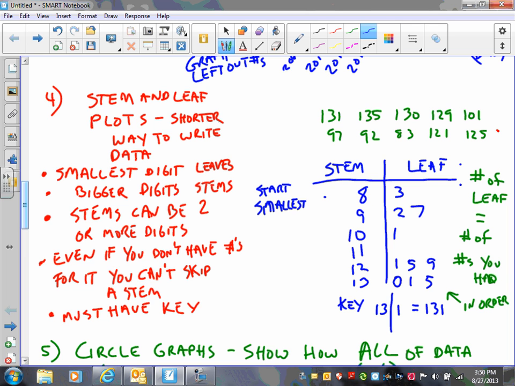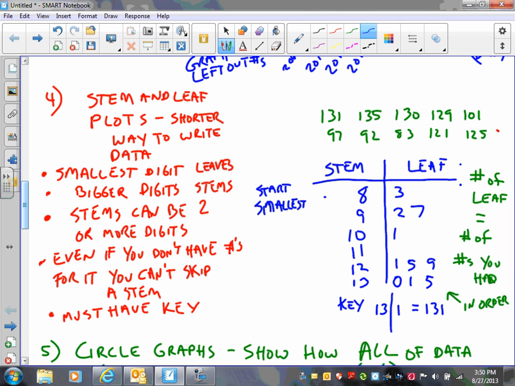The way you read this, the 8 and the 3 in that first line make 83. The 9 and the 2 make 92. The 9 and the 7 make 97. The 101 I write as 10 and then a 1.